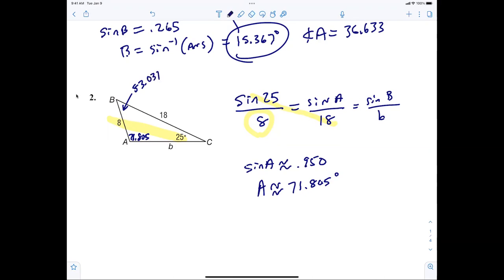All right, and now once you set that up, find out what B is. So it'd be sine of 83.031 over B equals sine of 25 over 8. And what do we come up with for B?